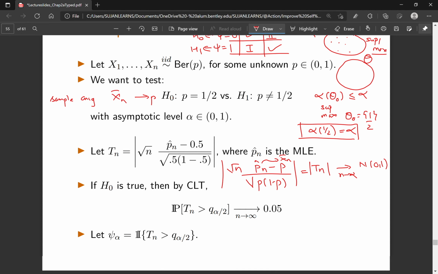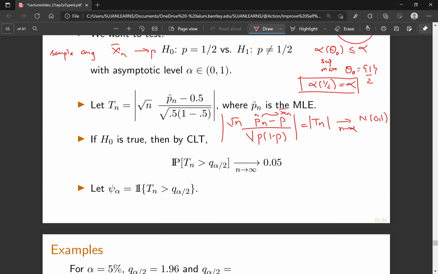First of all, let's imagine that we have this test and we have our maximum likelihood estimator of p. We'll just copy the test statistic here.